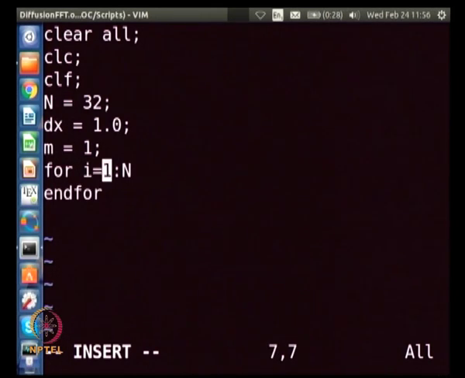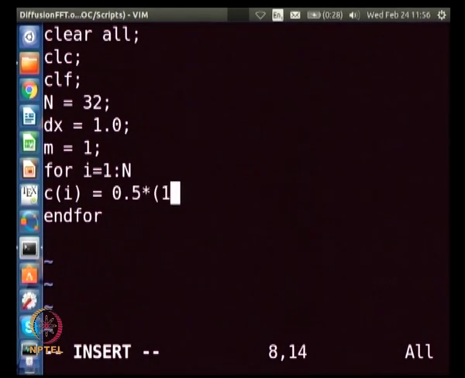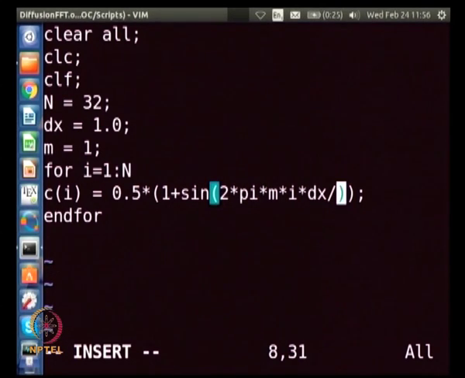So, I am going to say C of I is nothing but 0.5 into 1 plus sine of this quantity. What is sine? 2 into pi into m into I into dx divided by n. Okay. So, this is the initial sinusoidal profile that I have made. So, I am going to plot this, and I am going to plot it with the red line, and I am going to mark it as initial.